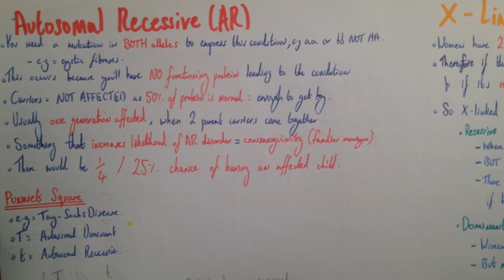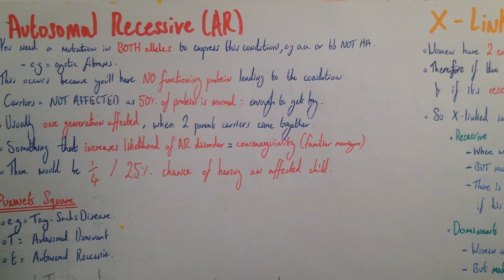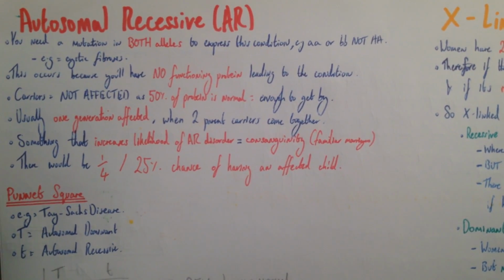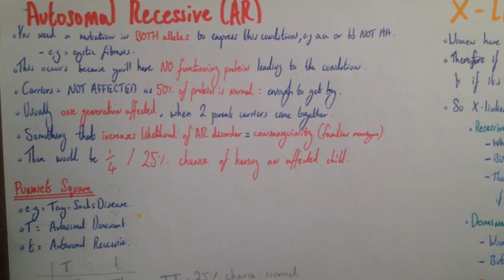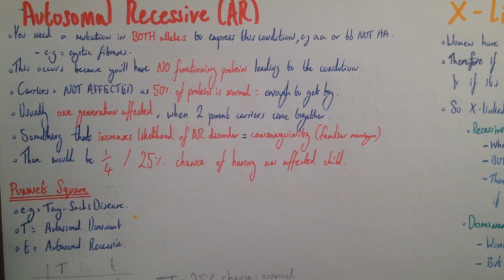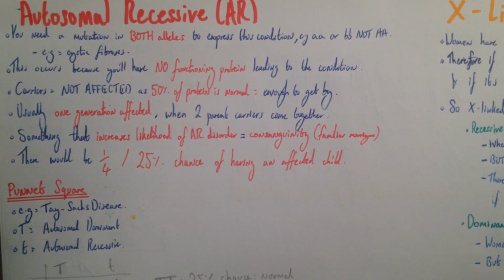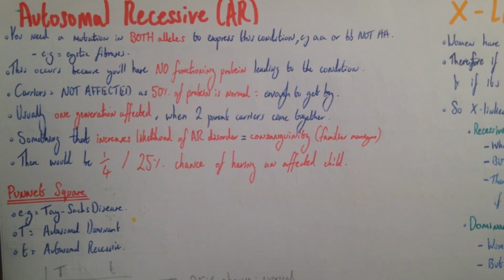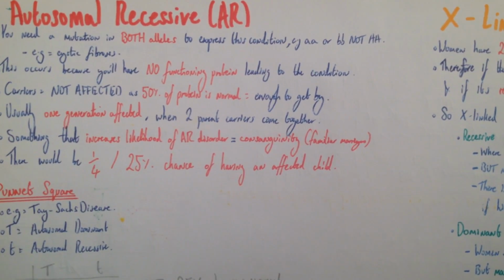For example, cystic fibrosis occurs because you have no functioning protein. Carriers are not affected as 50% of the protein is normal, and this is enough to get by. Usually one generation is affected when two carrier parents come together.